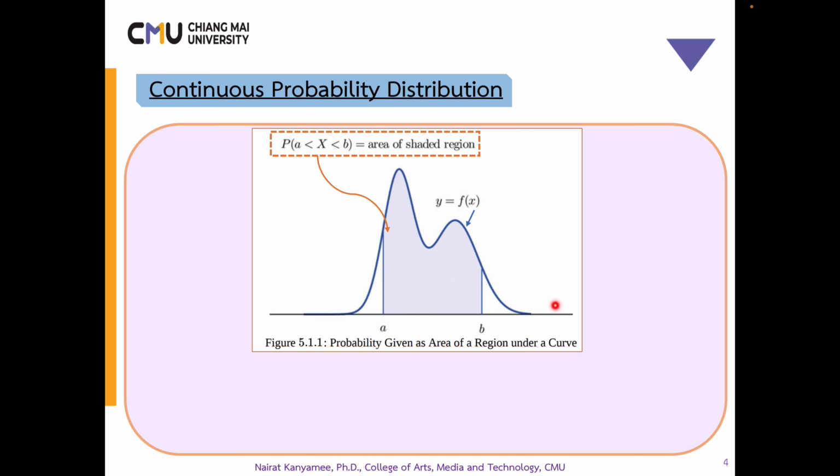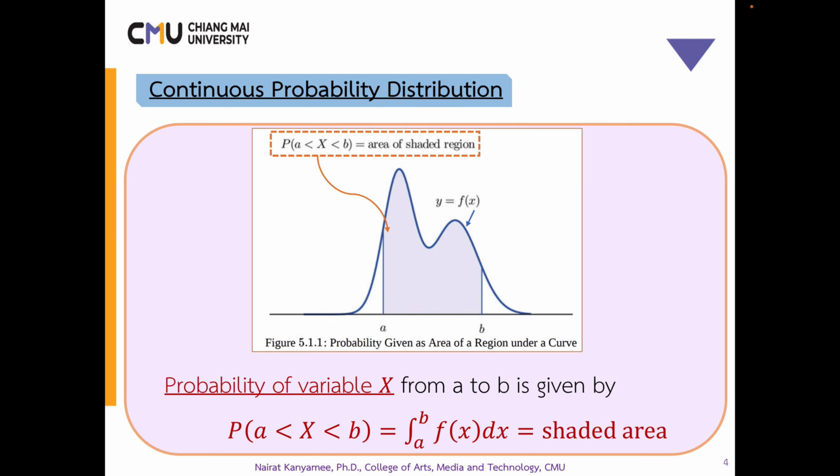When we find the probability of x greater than a and less than b, as an interval between a and b, we are looking for the area under the graph. That means the shaded area, where x is from a to b, the area under the curve here. So probability is the area under the curve.